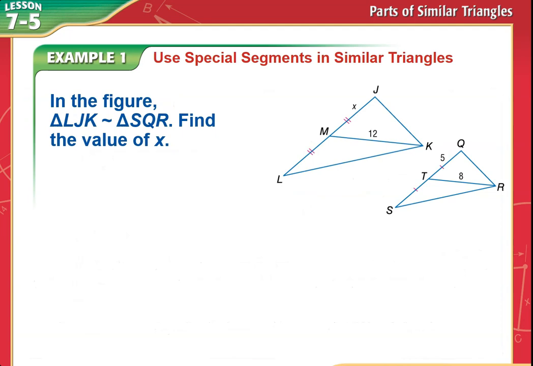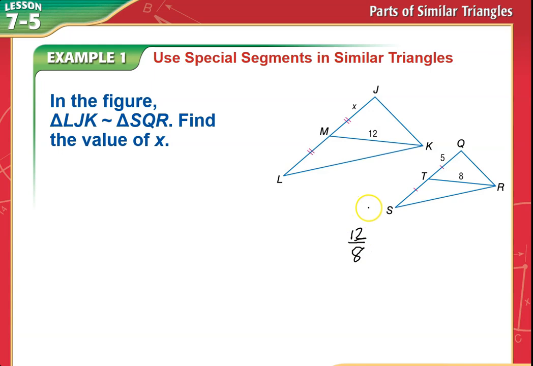In this problem we're trying to use the special segments in similar triangles. What we notice right away is that this length is 12. So we know 12 compared to 8.